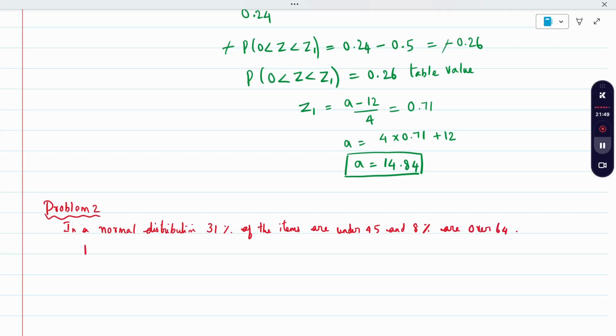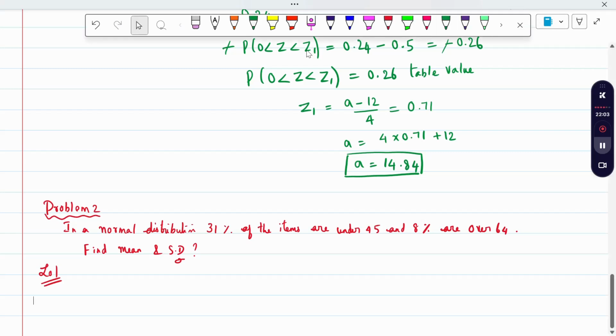Find the mean and standard deviation. Find mean and standard deviation. Sigma, the standard deviation, we have to calculate. Okay, only mean and standard deviation. They are not asking any subdivision. Only mean and standard deviation we have to calculate.